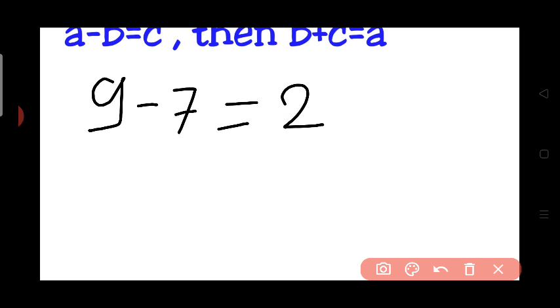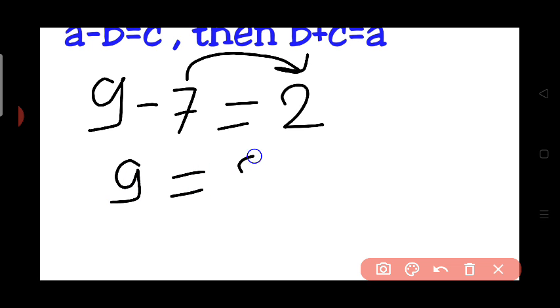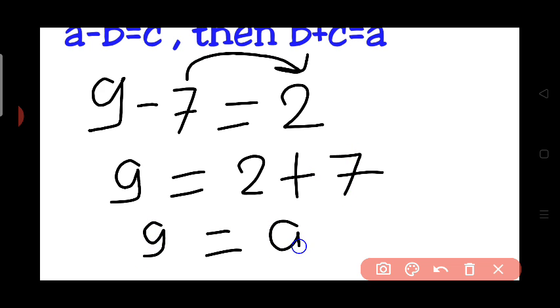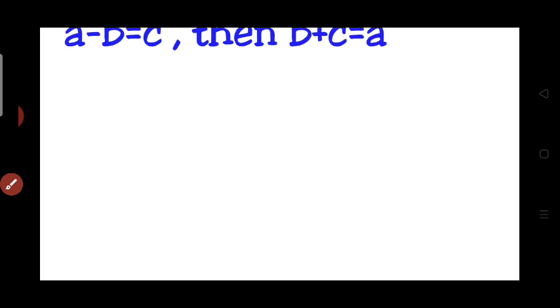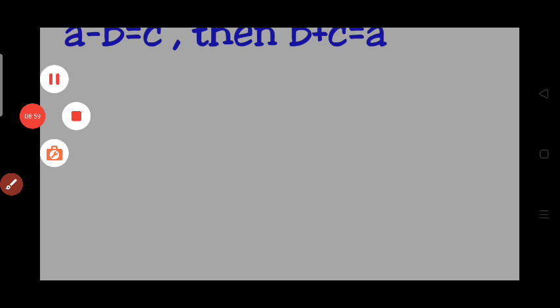So 9 minus 7 is on the left hand side and 2 is on the right hand side, and when we send this minus 7 to the other side, when 7 comes on the right side, it will become plus 7, and the result is what? 9. That means both are the same, and this is true for subtraction. Okay, so these are the properties of subtraction.